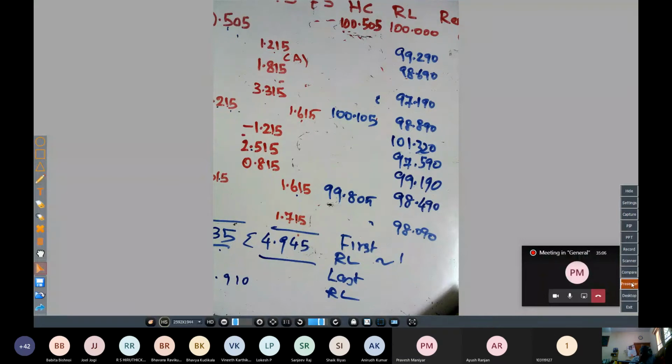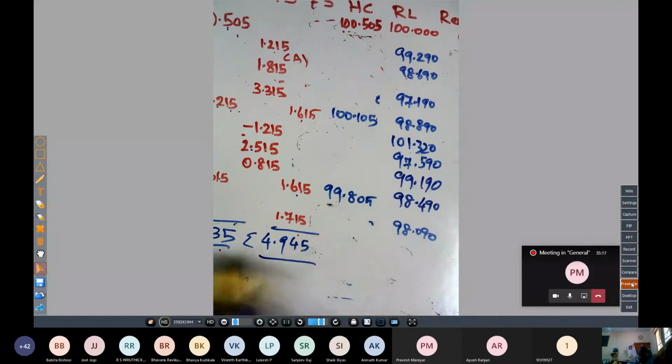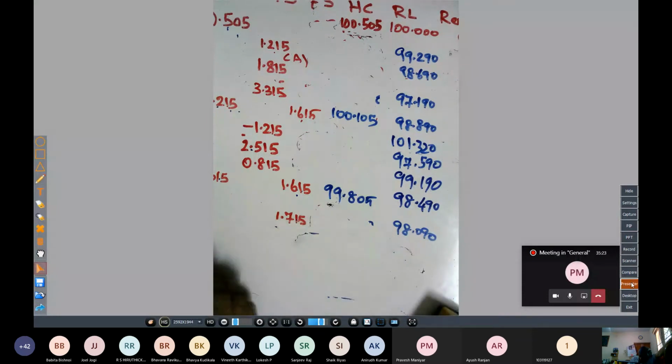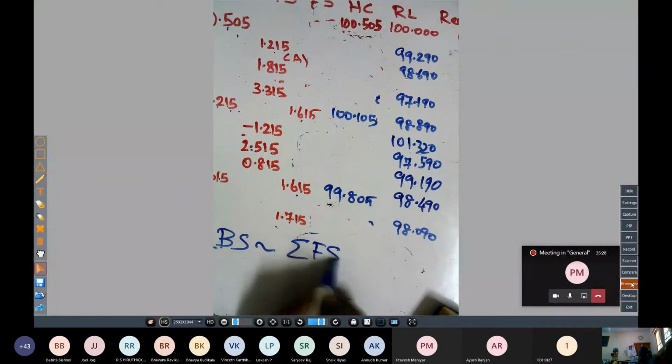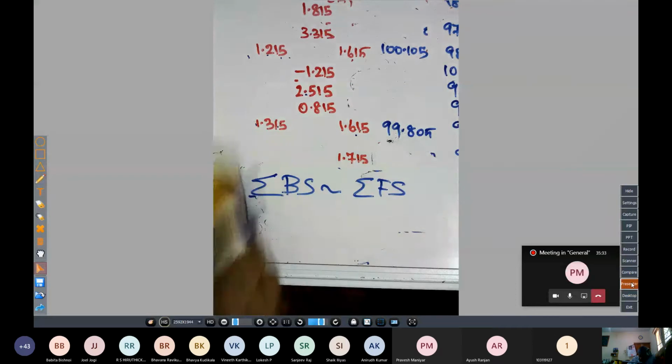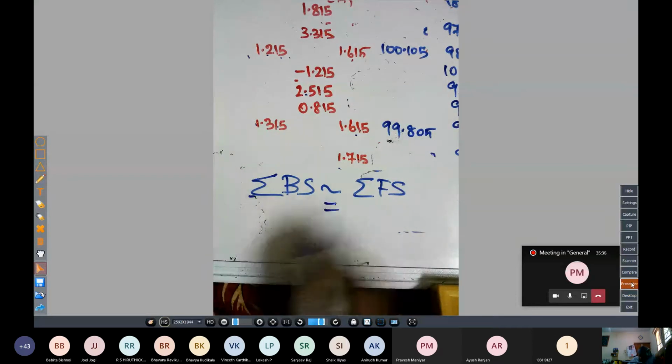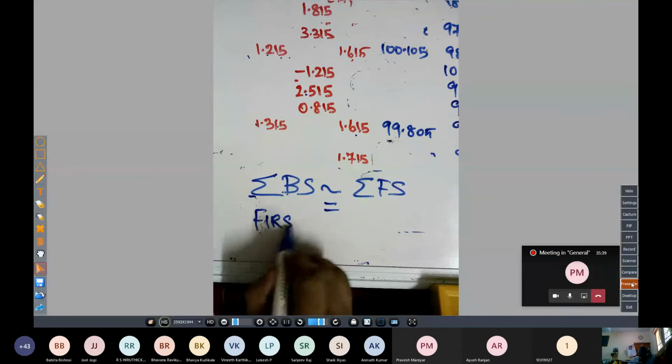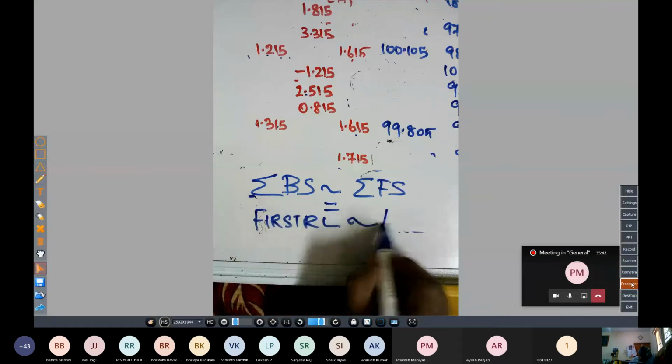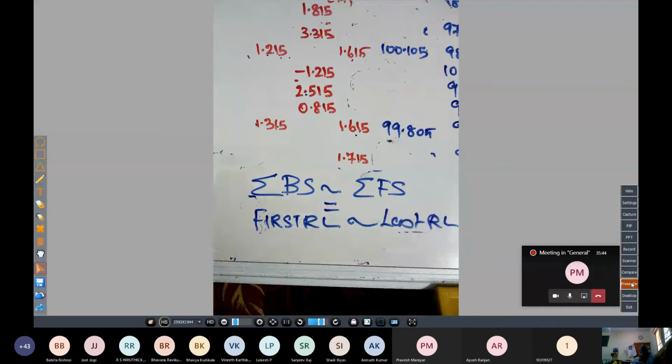1.910. So that is what is called an arithmetic check. When you reduce the table, the formula says: sigma of BS minus sigma of FS equals first RL minus last RL.